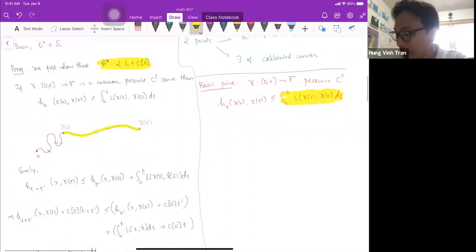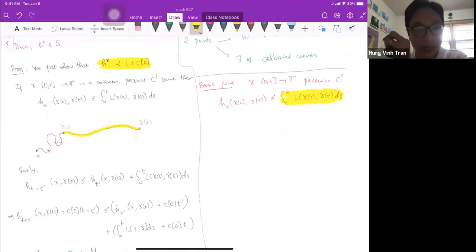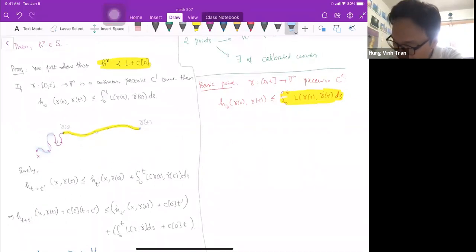Now, what I'm going to do is try to connect x to gamma 0. I'm trying to connect the dots, and you're going to see what I meant by that. So I'm connecting from x to gamma 0 first. Maybe let me write out, this takes an amount of time t prime, this takes an amount of time t.